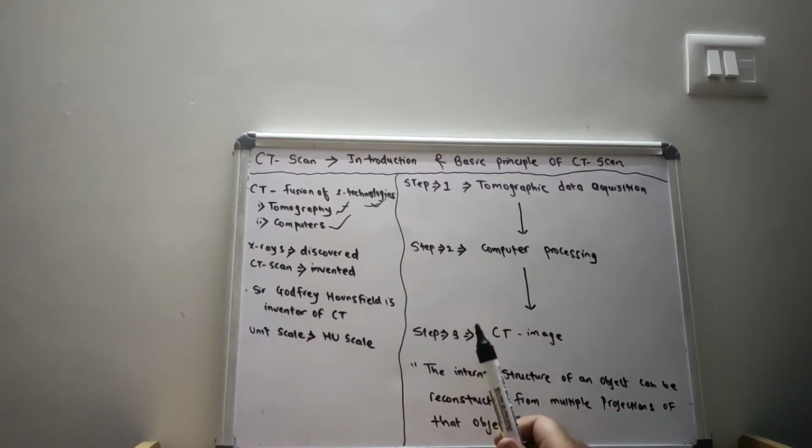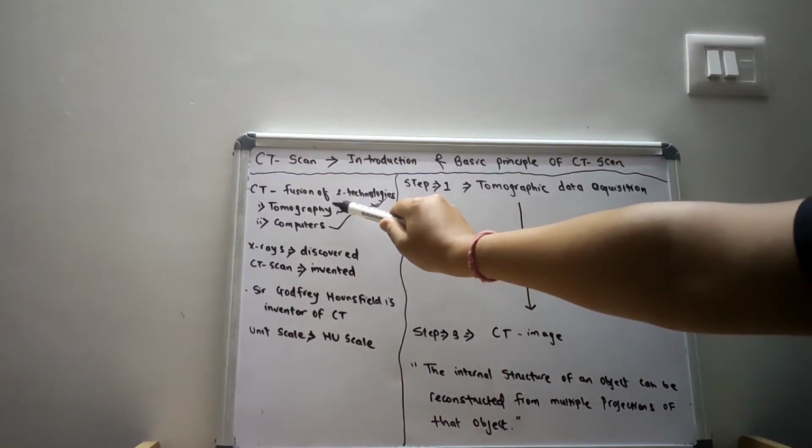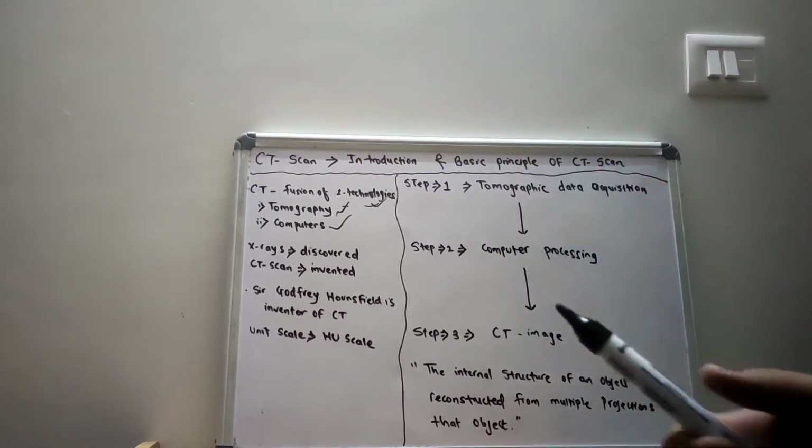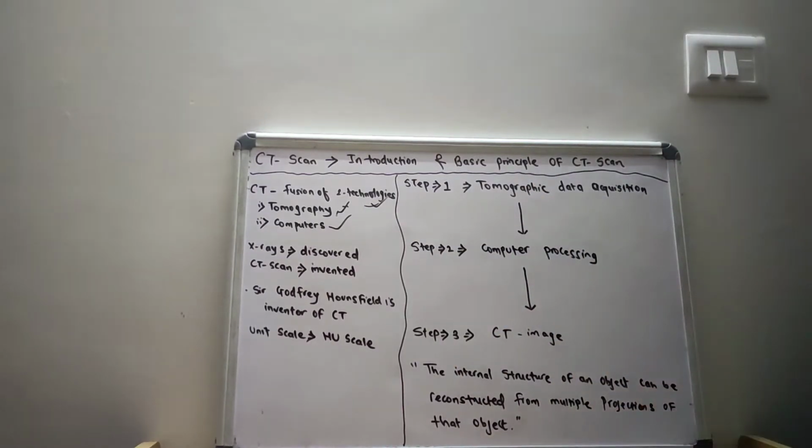And the computers are brought in to deal with the complex mathematical algorithms and interaction in the image reconstruction. So the tomography technology helps to determine the various sections of the body, and the computers generate the image utilizing those various sections.